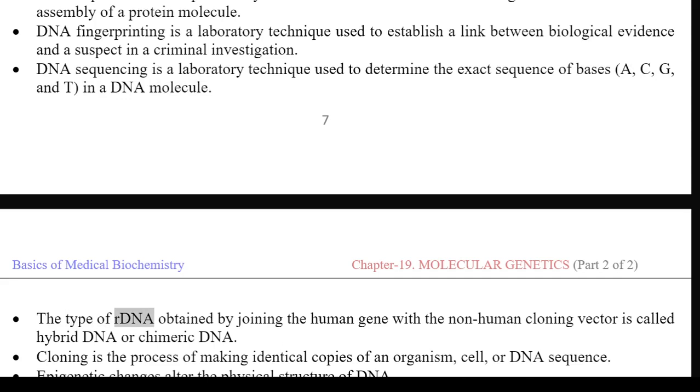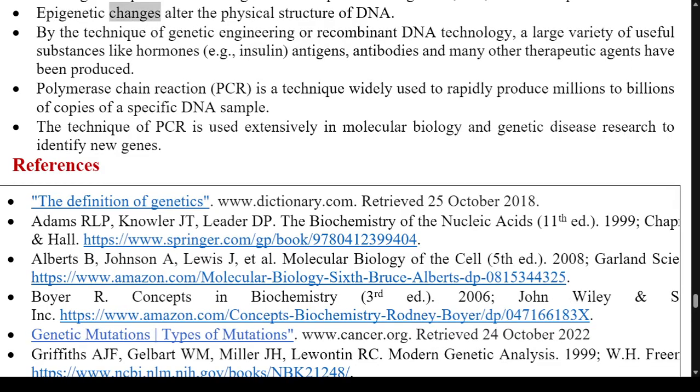The type of rDNA obtained by joining the human gene with the non-human cloning vector is called hybrid DNA or chimeric DNA. Cloning is the process of making identical copies of an organism, cell, or DNA sequence. Epigenetic changes alter the physical structure of DNA.